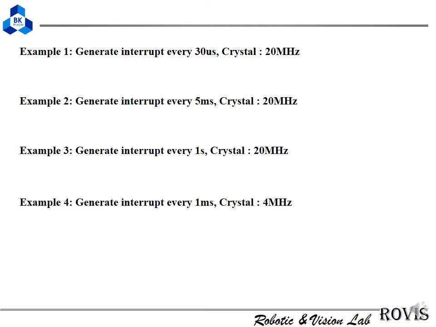Let's have a look at some examples. Example 1: we want to generate an interrupt using the timer every 30 microseconds with the crystal at 20 megahertz. As previously calculated, with the 20 megahertz crystal, T will be 0.2 microsecond. So to interrupt every 30 microseconds, the timer will count to 255.